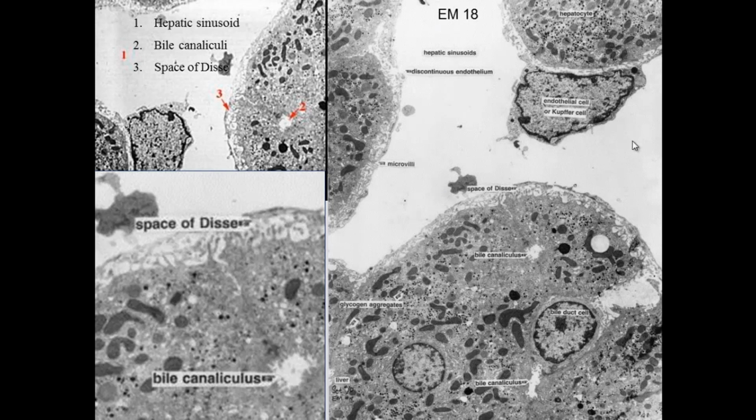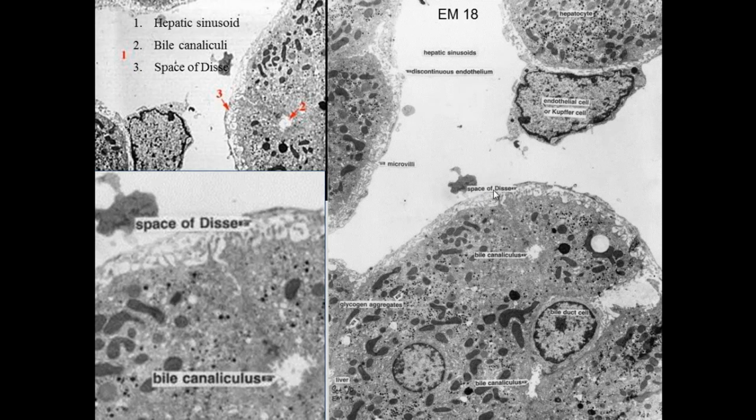Here we can see one of those sinuses in through there, the hepatic sinus, and the endothelial cells that line that lumen. Just inside, we have the space of Disse. This is the space of Disse here, where microvilli project up from the hepatocyte into the fluid that comes in through.